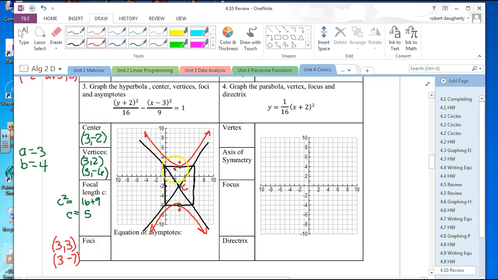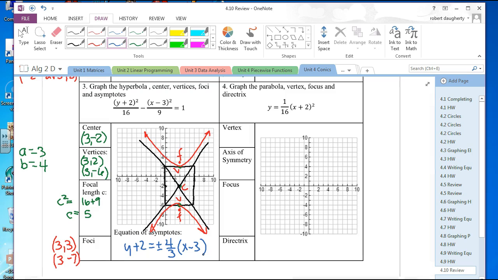So here's my center, vertex, vertex, focus, focus. And the equation of the asymptotes is y plus 2 equal plus or minus b over a, x minus h.